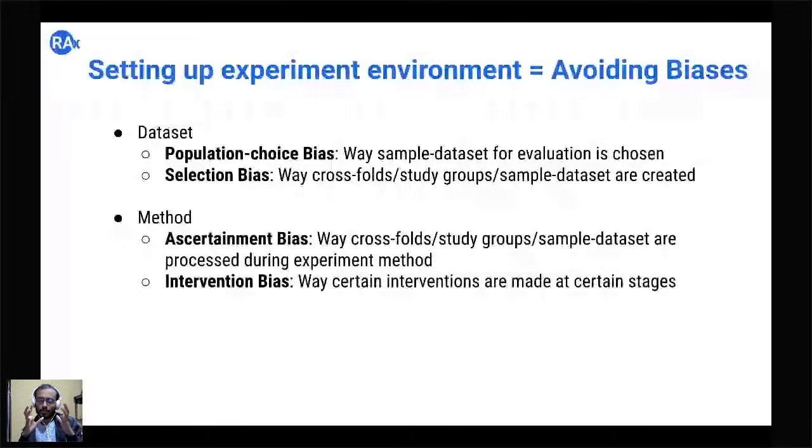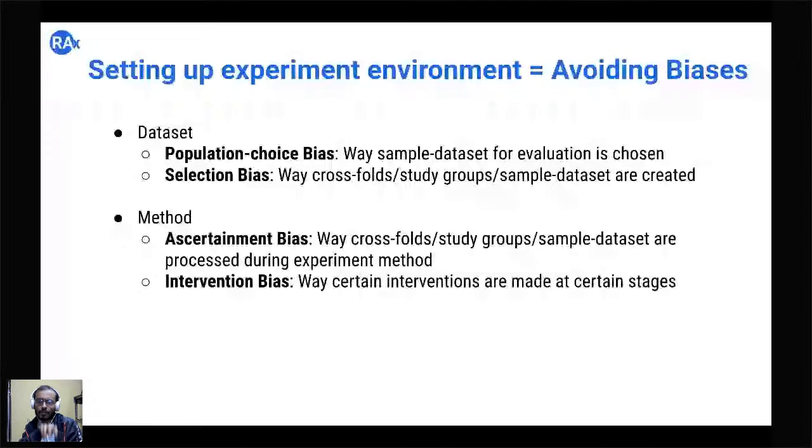when you are using the cross-folds, you might want to process them in a particular way. It can be a cleanup process, a pre-processing step, or certain additional data that you want to put in, or additional parameters that you want to add, where the parameter demands some additional information.